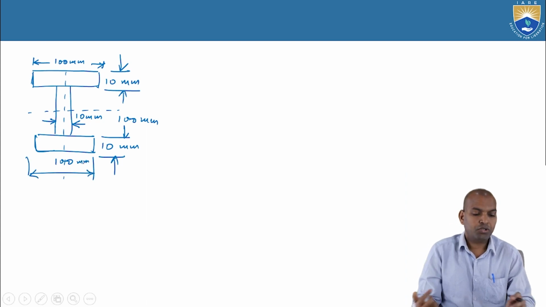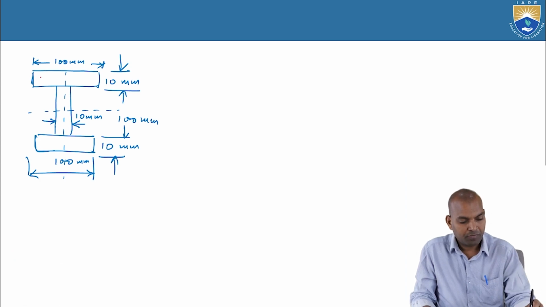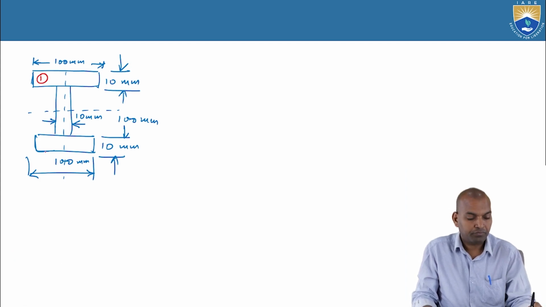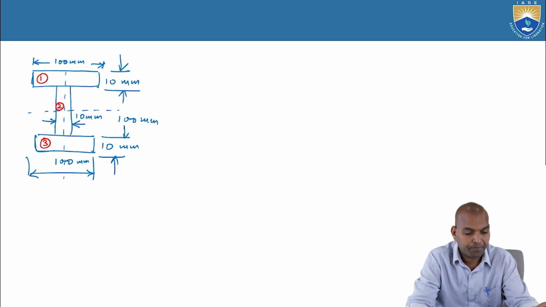Okay, so this I section has two flanges and one web. The top flange is section 1, we take the web as section 2, a rectangle, and the bottom flange is section 3.